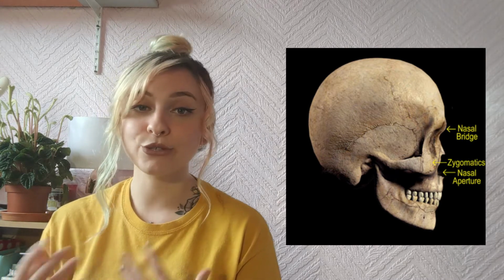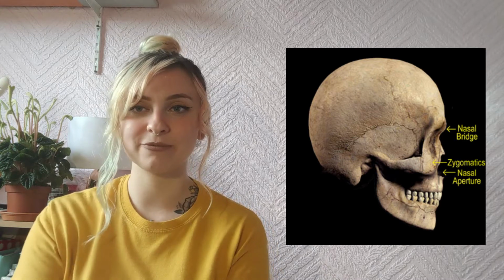In skulls of African ancestry, the zygomatics are retreating and there is no nasal spine present. In skulls of Asian ancestry, the zygomatics are flaring and wide and the nasal spine is present but not quite as pronounced as in those skulls of European ancestry. So here you can see all three skulls together.